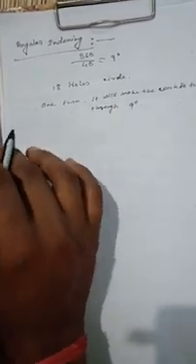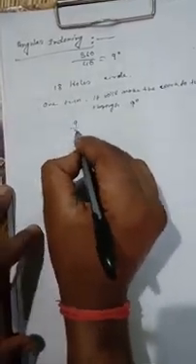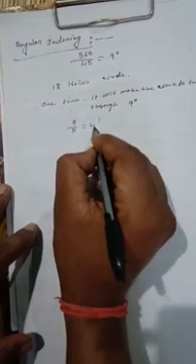If it is moved 9 holes, that means half a turn on this circle, the work will rotate through half the angle, that is 9 by 2, which is 4 and a half degrees.